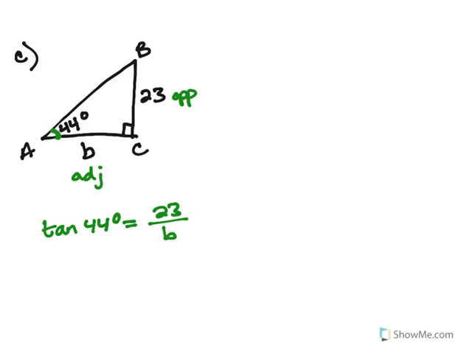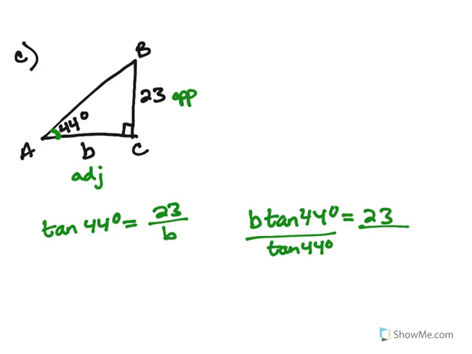So there's a little bit of extra algebra in solving this one. I'm going to multiply both sides by B. When I do that, I get B times tangent of 44 degrees equals 23. And now to get B by itself, I'll divide both sides by tangent of 44 degrees.